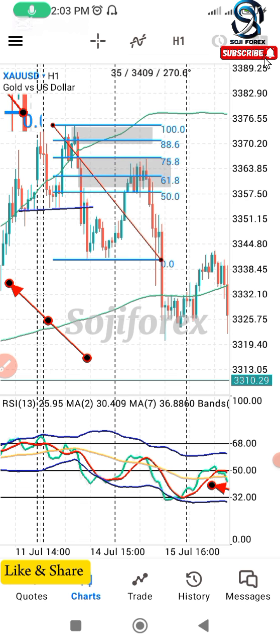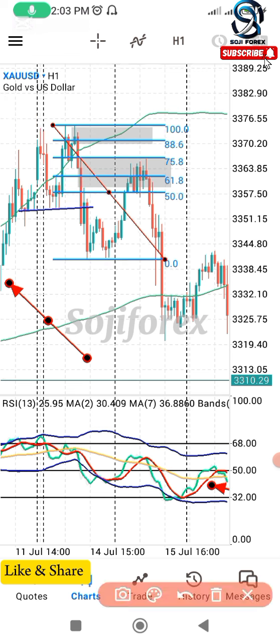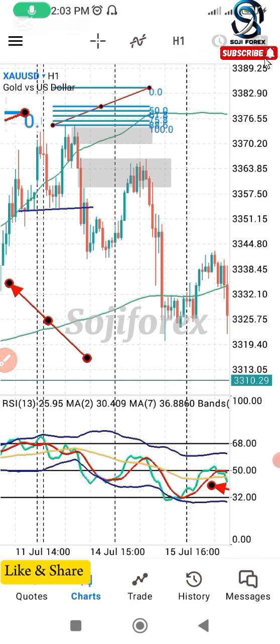So I want to sell high and buy low. Look at this. The zone I marked is in a safe zone. Why? Because this zone that I've marked is between 61 all the way to 100. So that is a premium zone. That has been taken note of, so we are good on that.